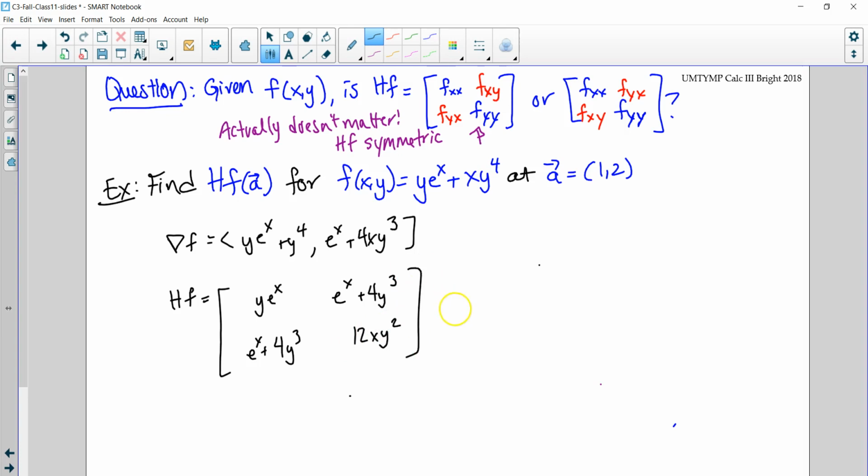Okay, and then when I put in the point, I end up getting the matrix that is 2e plus 32 in the off diagonals, and then 48. So that symmetry property pops out nicely. And so that's kind of our second derivative in this context.